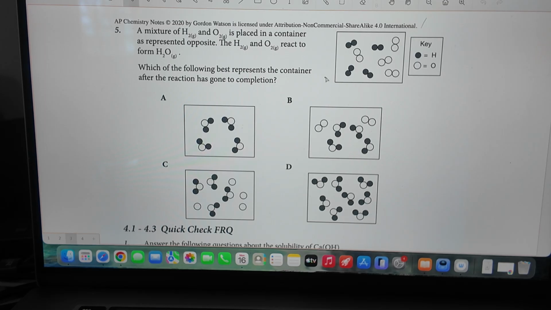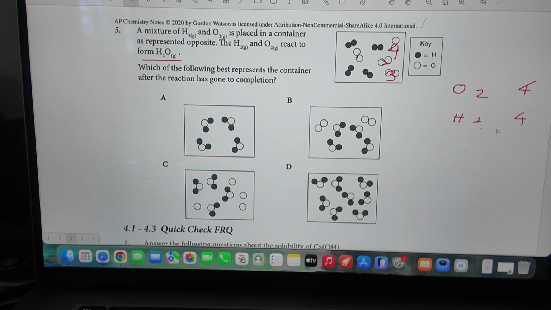We have 1, 2, 3, 4 O2s, and then we have 4 hydrogens as well, 4 H2s, and it's forming H2O.